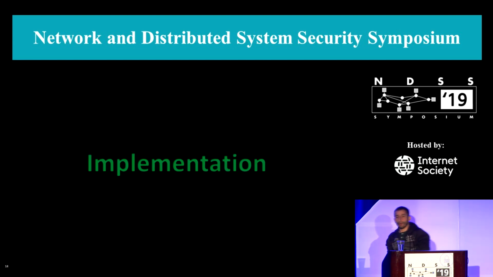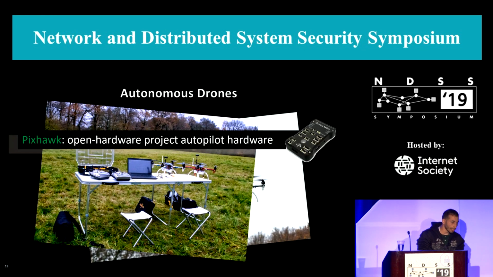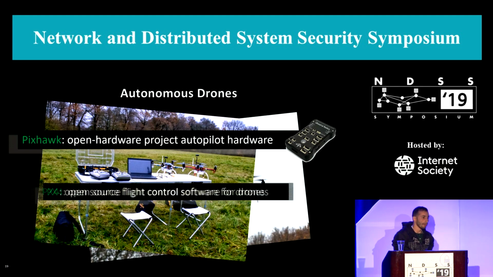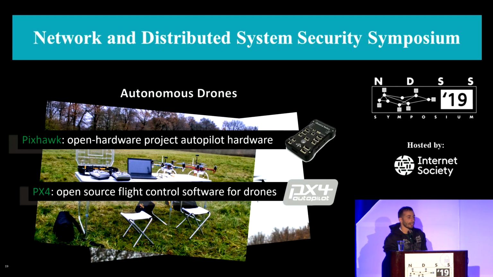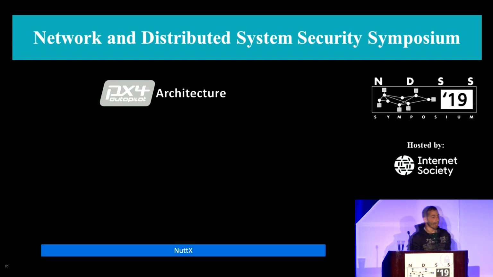We implemented our solution in a recent open hardware for autonomous drones, which is Pixhawk with the PX4 flight controller software. So a little bit more about the PX4 architecture. You have the real-time operating system.